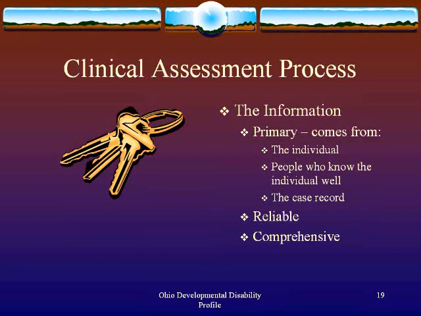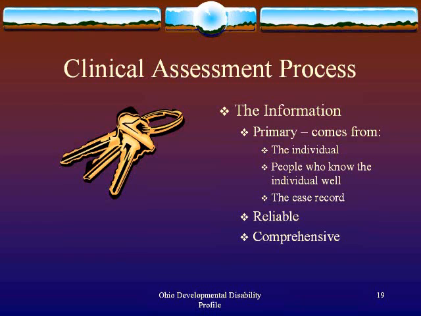The information primarily comes from the individual, people who know them, and case records and other assessments. That's what we want you to review. You also have to make some professional judgment on whether those resources are, in fact, reliable. So you want to pick and choose which information to use based on its reliability, and use that for your answer.